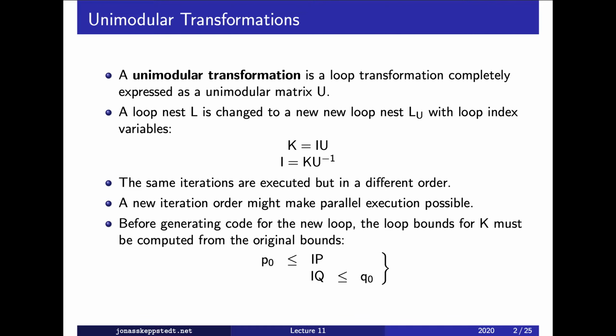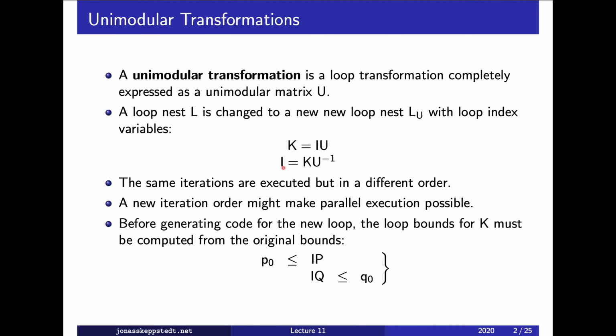Okay, so now we can see why it was essential that the loop transformation matrix is invertible and results in an integer matrix, which it does because it is a unimodular transformation matrix.